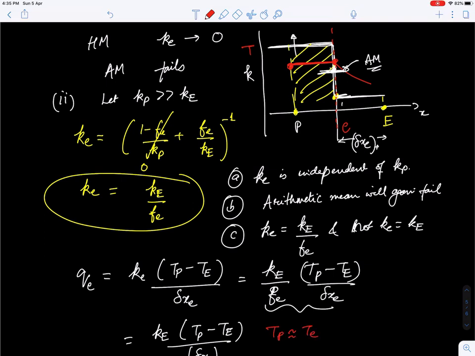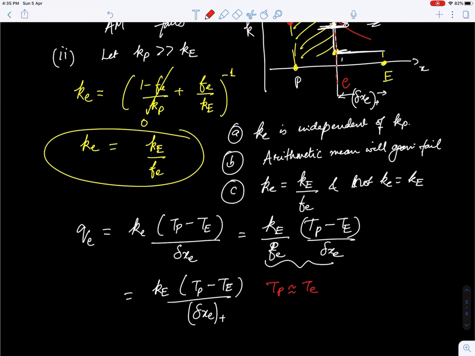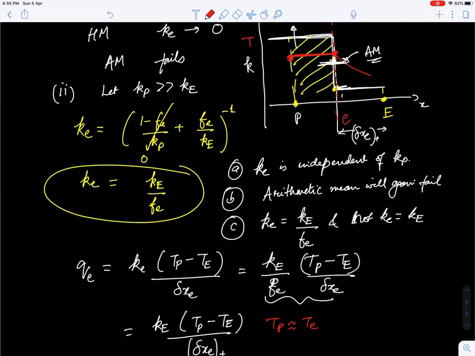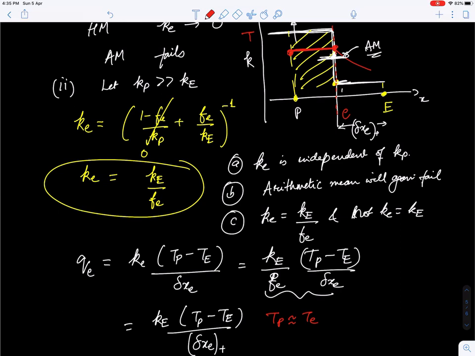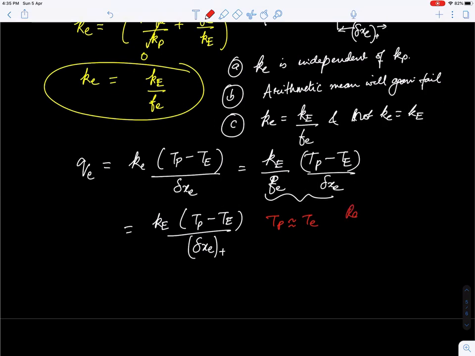So it's taking into account that Tp is nearly equal to Te, and so the flux leaving should effectively be given by Te small e minus T capital E. In other words, the flux has a resistance to conduction, which should be given by delta xe plus by KE, and that is the reason this is again justified.